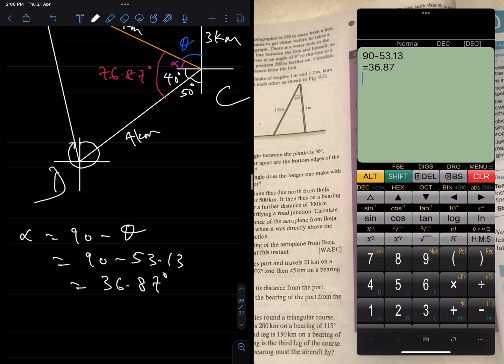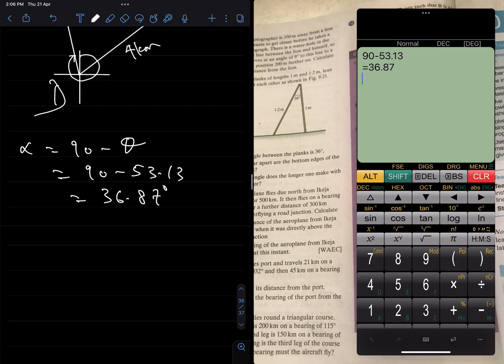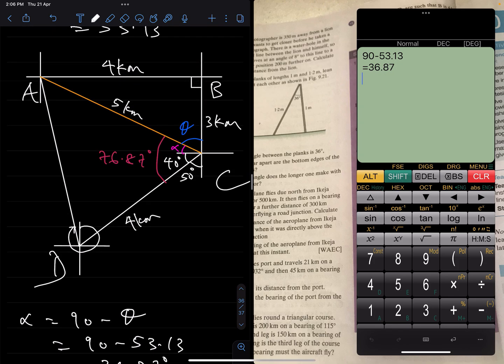So therefore, DA is the side facing angle C in triangle ADC, so I can call it C simply. No, I'm not using the sine rule, I'm using the cosine rule.